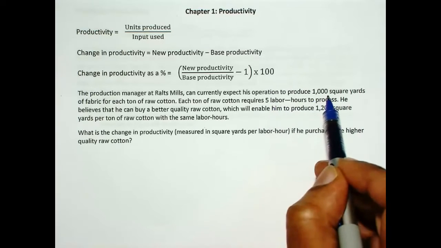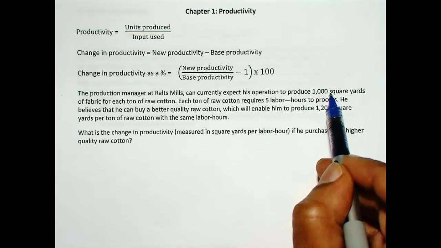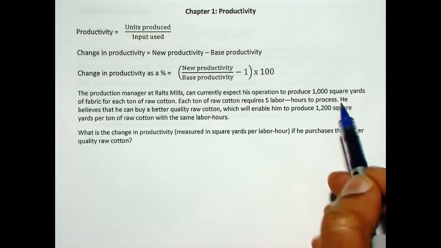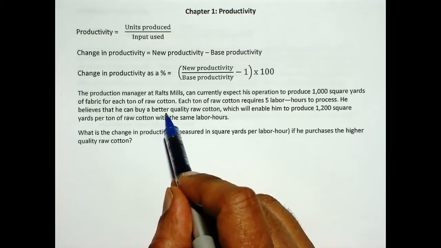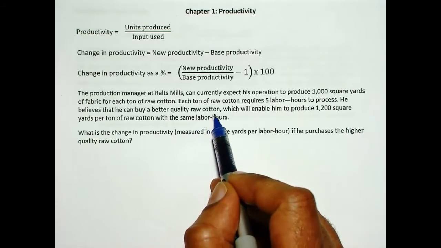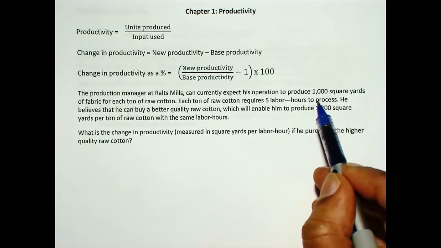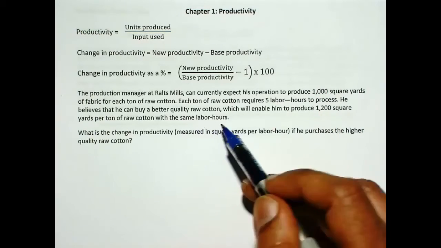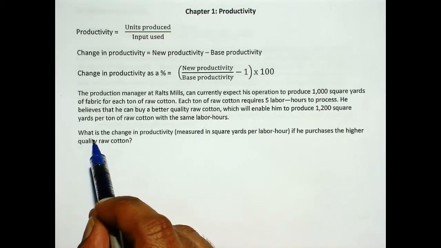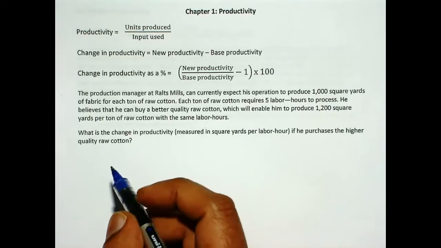So 5 hours of labor produces 1,000 square yards. Now the manager is considering buying a better quality raw cotton, in which case the production will go up to 1,200 square yards for the same labor hours. The question is, what is the change in productivity?